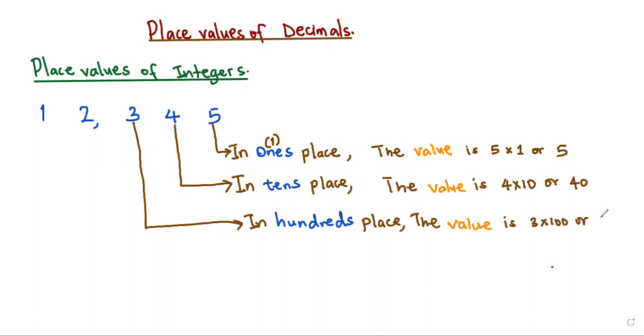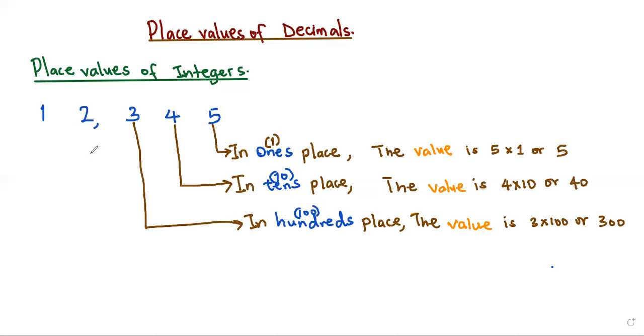Or we say that it is 300. Now, when we say tens, it is the same as 10. When we say hundreds, it is the same as 100.